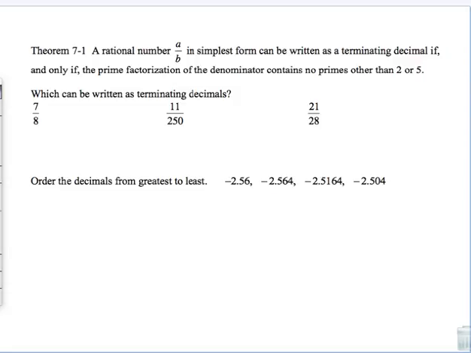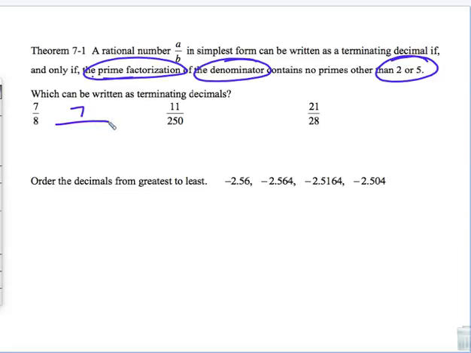Now if you read that theorem again, the theorem is talking about the prime factorization of the denominator, and it can only contain 2s or 5s. So I don't worry about prime factoring this first numerator because 7 is a prime number. If I prime factor 8, that's going to break down, if you do a factor tree, into 2 times 2 times 2. The prime factorization of the denominator only has 2.